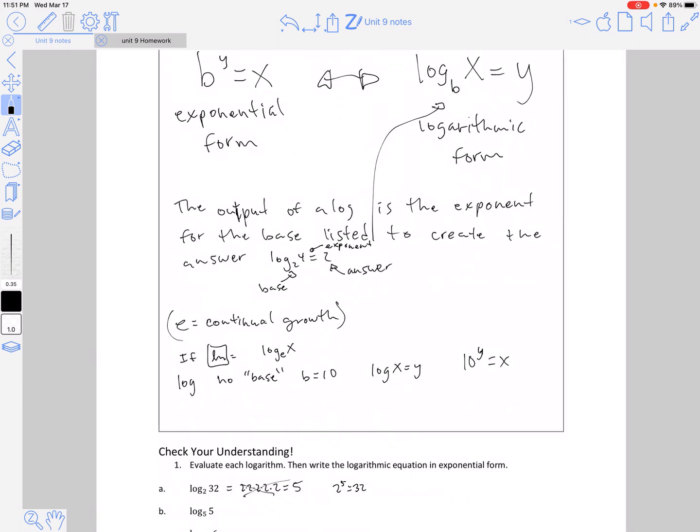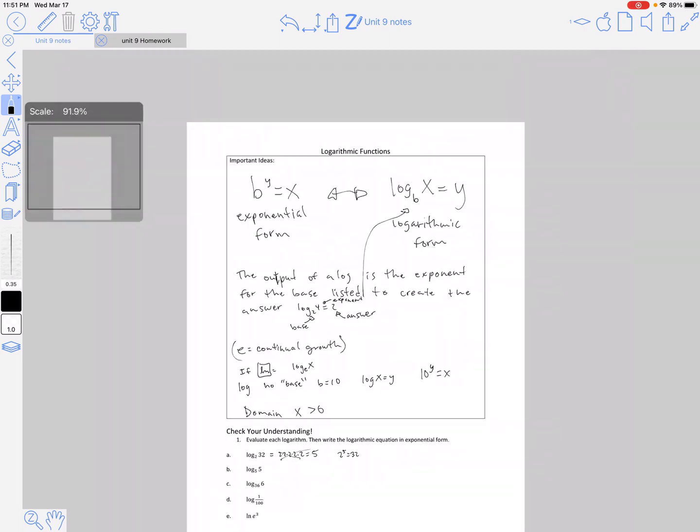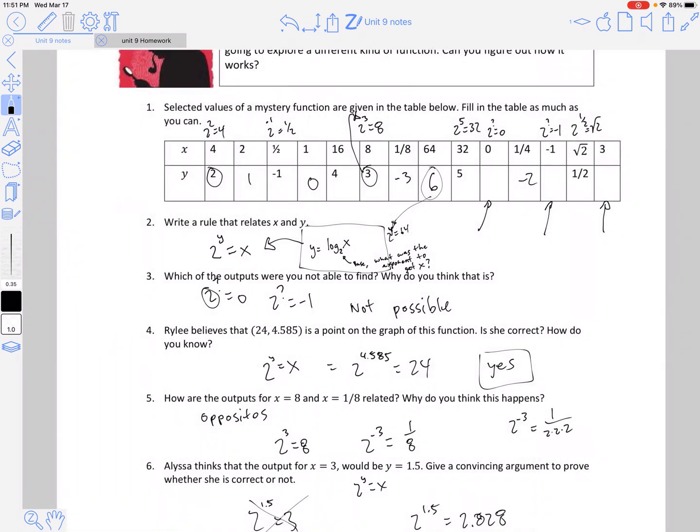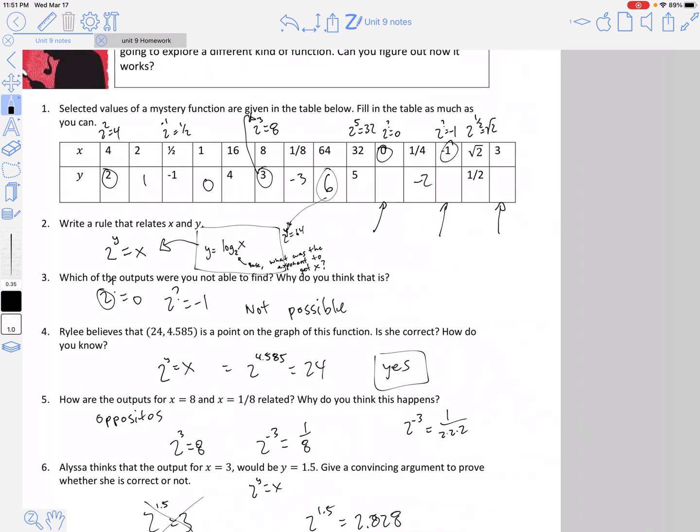All right. Another thing. Our domain is restricted. We're going to have an asymptote. So our domain is restricted. You cannot plug in negative numbers, all right? So our base will always be positive, and because of that, like we talked about earlier, these just aren't going to work, okay? So your domain is restricted.